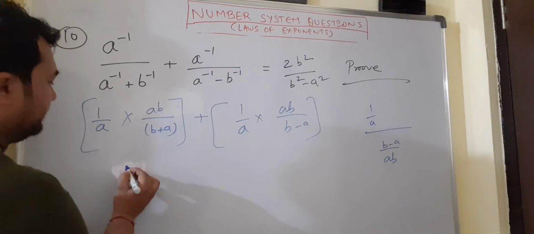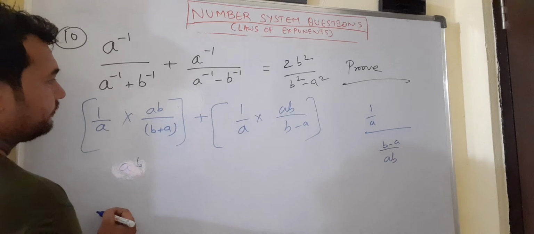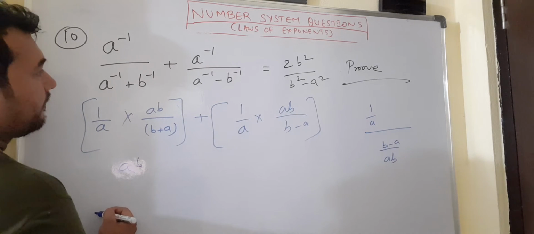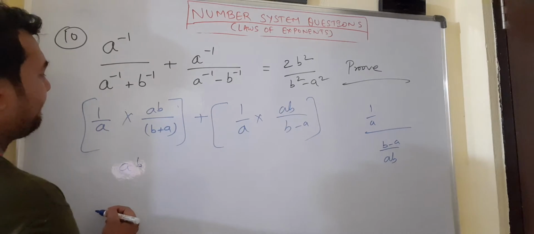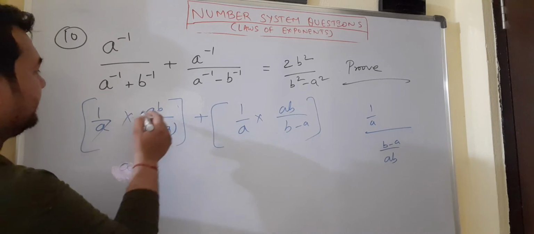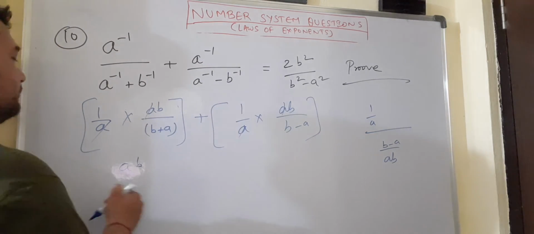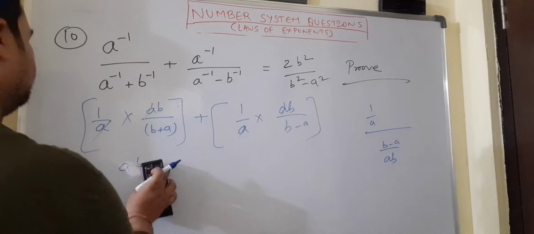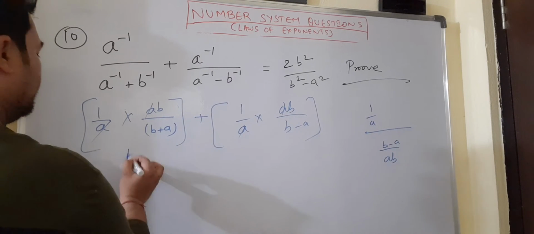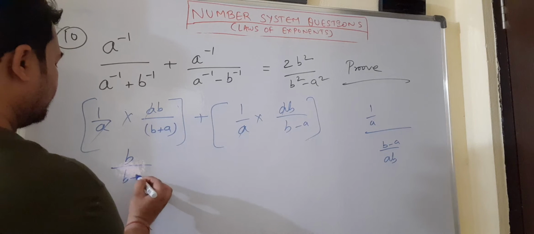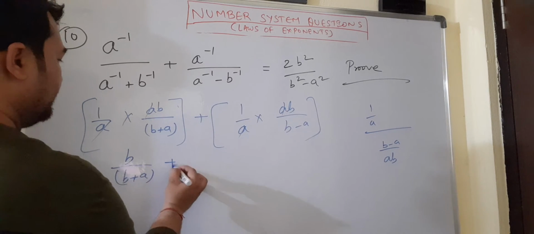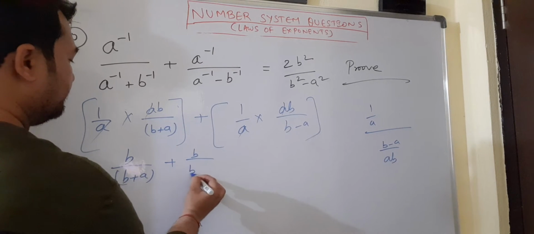From this you get AB by, A can cancel A. So you get B/(B plus A) and plus B/(B minus A).